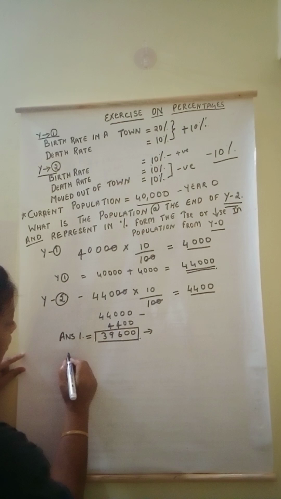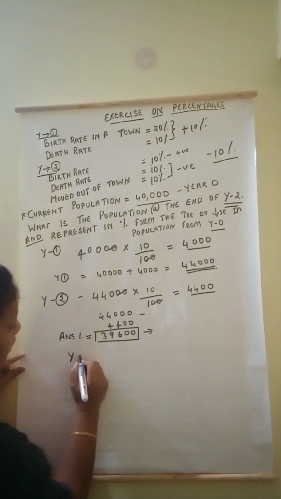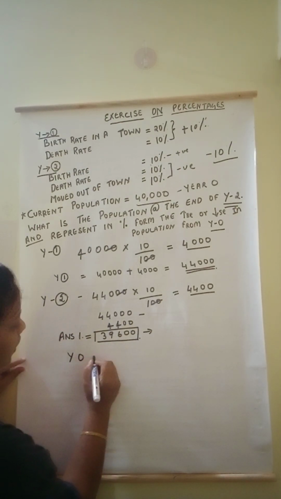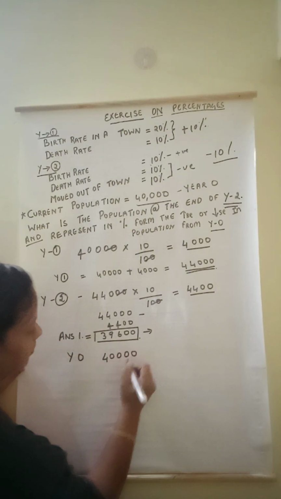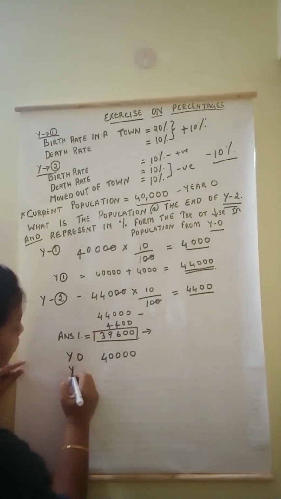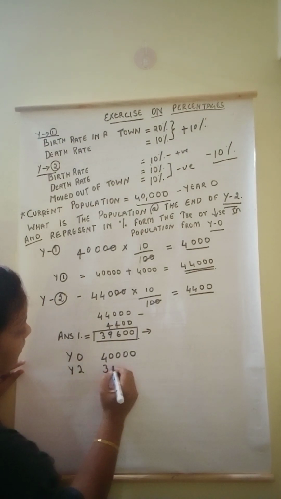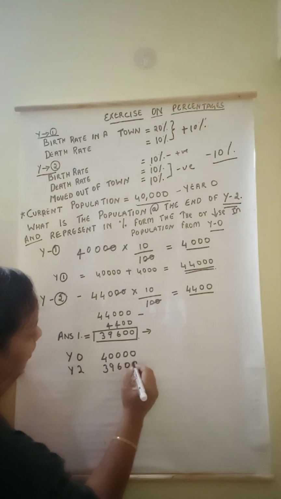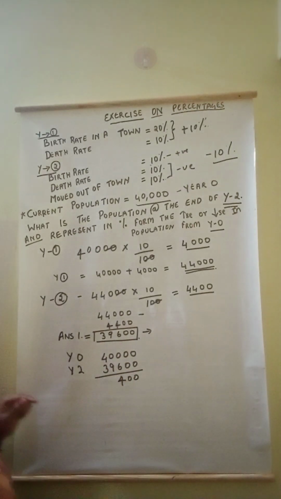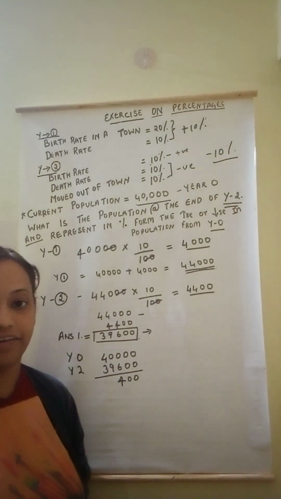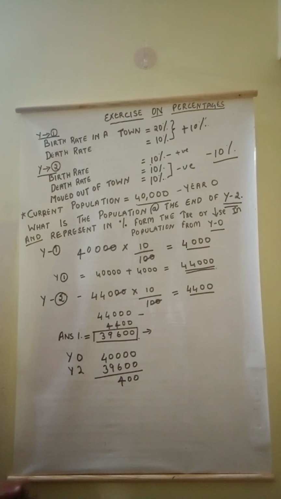So year 0, the population was 40,000. Year 2, the population has dipped by how many? 400 people it has dipped. When you find the difference, you get 400.